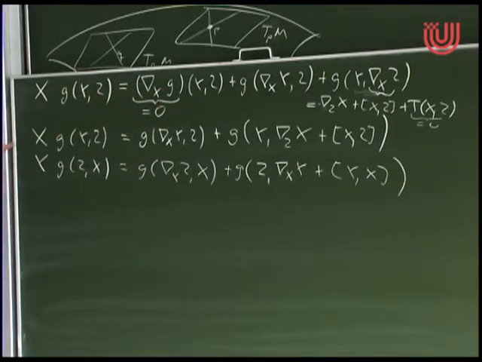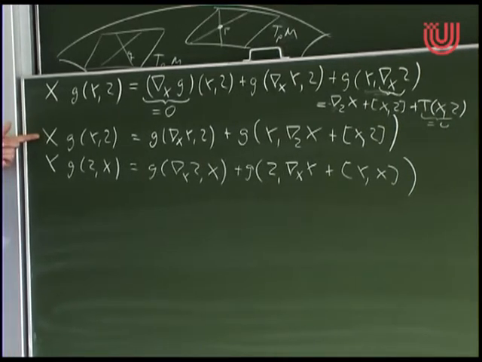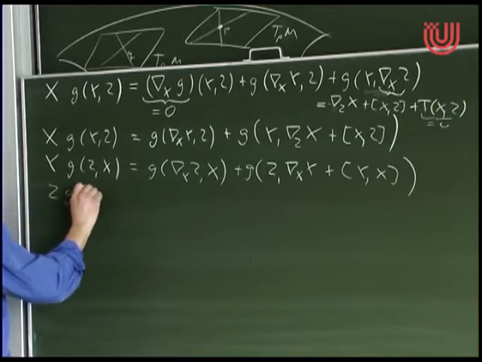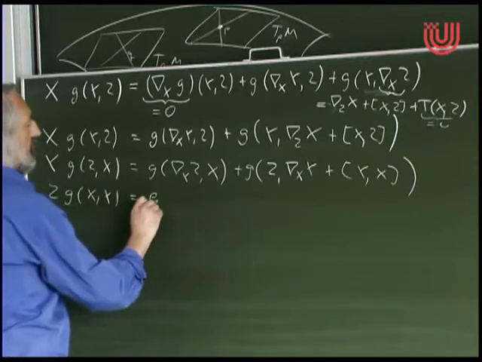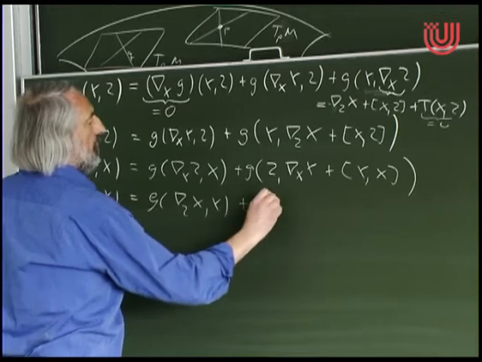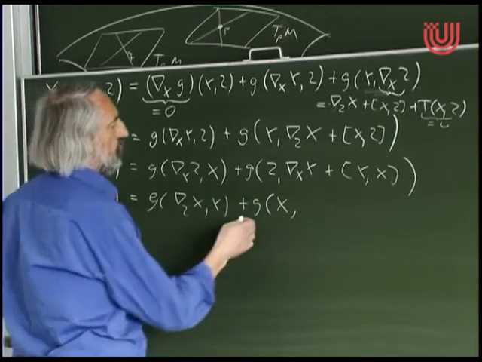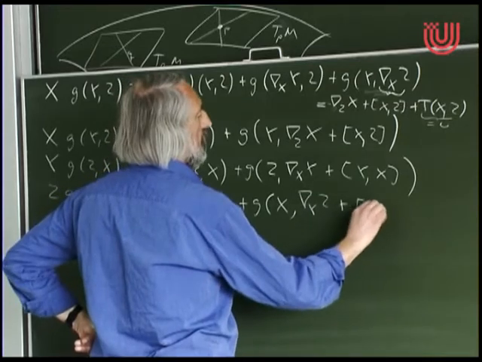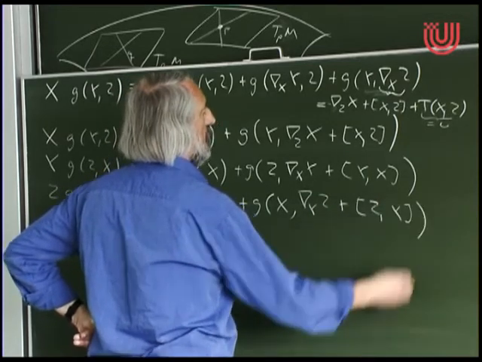Okay? It is the same equation, just I make the x into y, the y into z, and the z into x. And I do this another time. I again interchange cyclically, and I get this here: del z x y plus z g of x del y z plus Lie bracket z y.